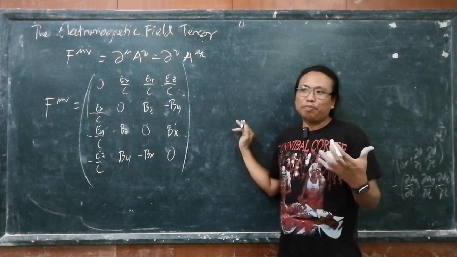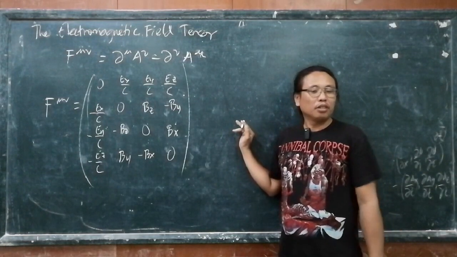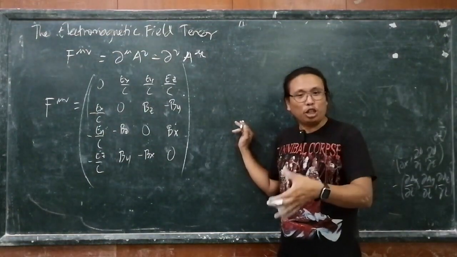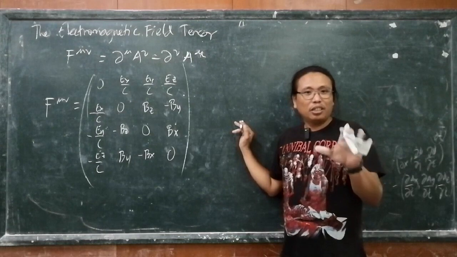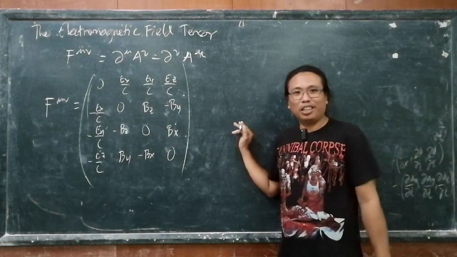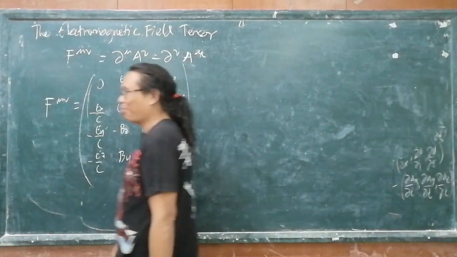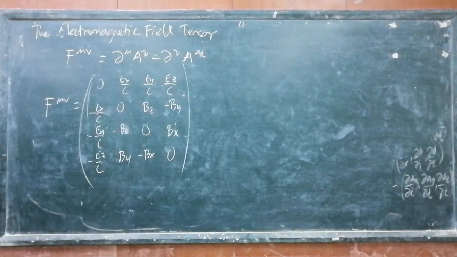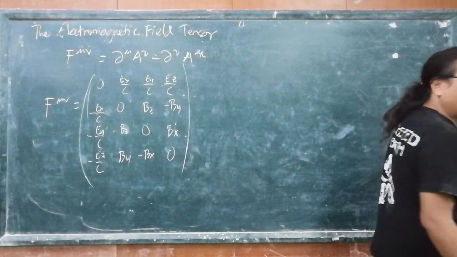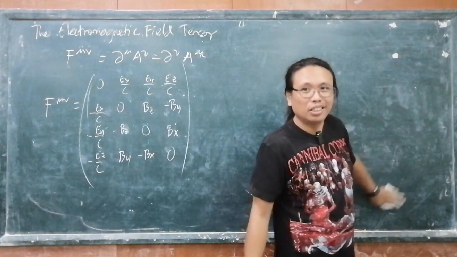What is the matrix there? When we did the transformation, we had the Jacobian matrix.